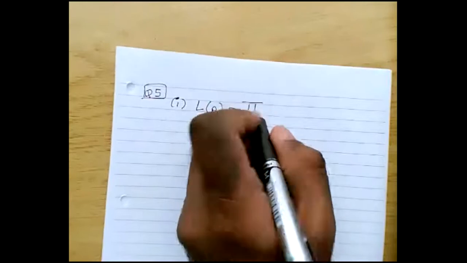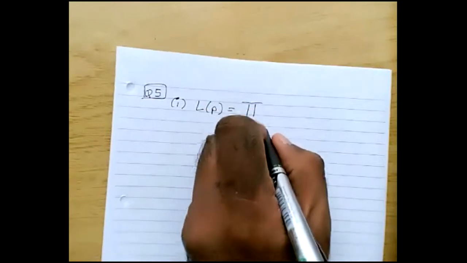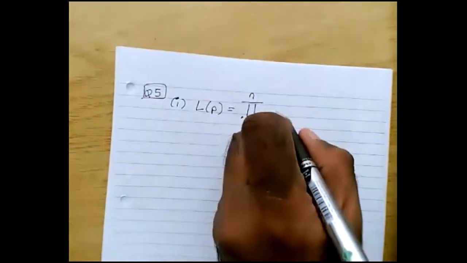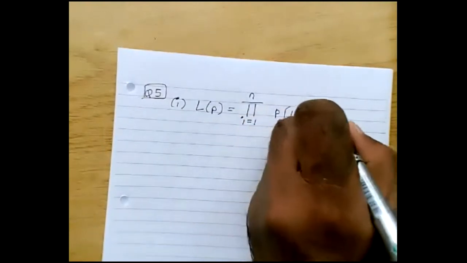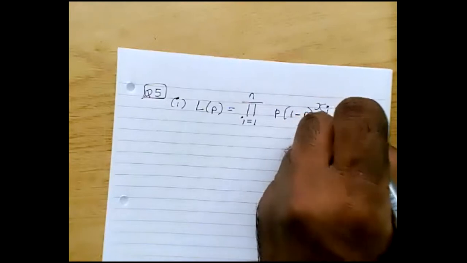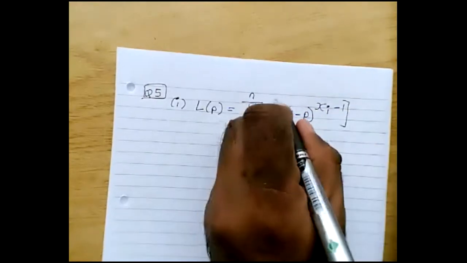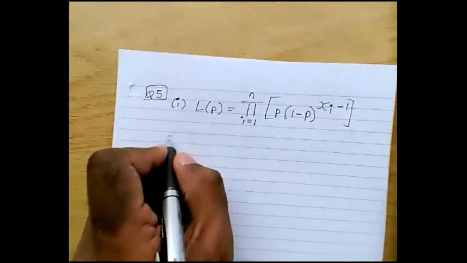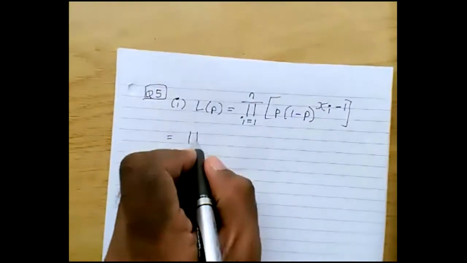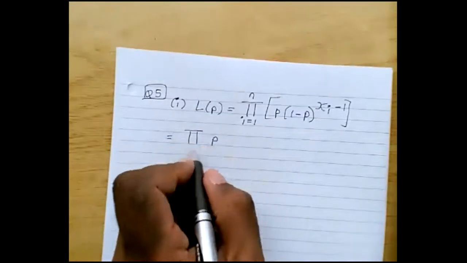In this case, it's the probability mass function because you're dealing with the geometric distribution, which has this as the PMF. Now I'm going to do this slowly.